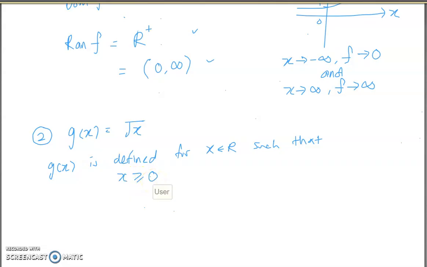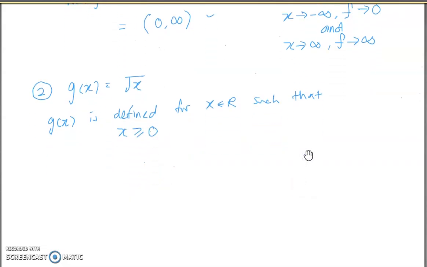So in other words, you can put the answer for the domain of g as not all real numbers. How are we going to put the notation? R positive, but R positive only refers to the positive real numbers here.